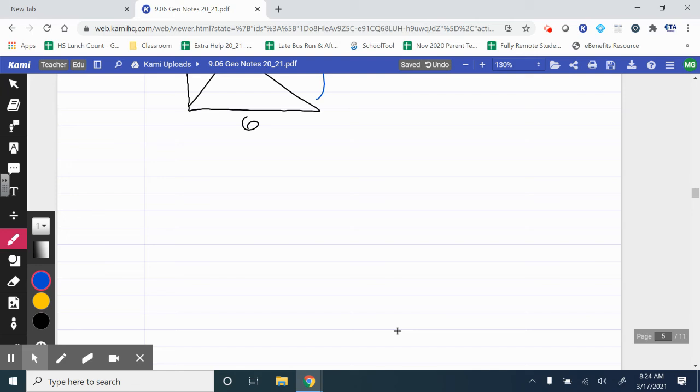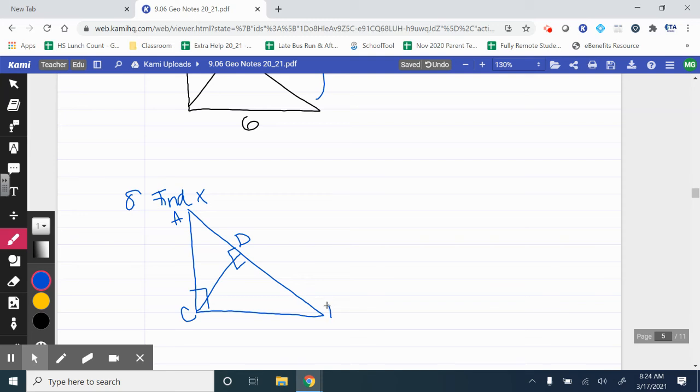And here's another one for you to try. So again, find x. So this is A, B, C. AB equals 50, DB is 40, and CB is x. Pause your video, decide which rule, and solve for x.